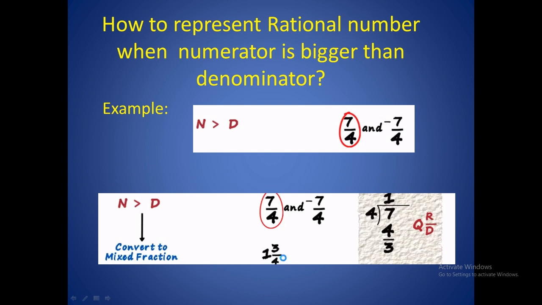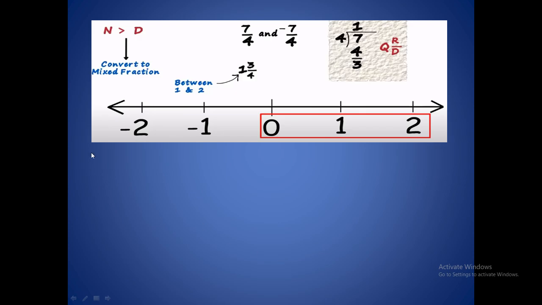Okay, now when we get this 1 3 by 4, 1 is the whole number, which means our point 7 by 4 has covered this gap of 0 to 1 completely.